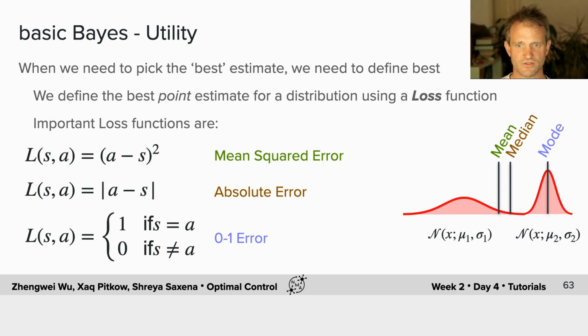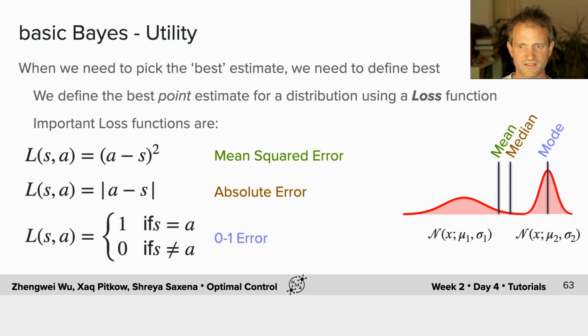Let's consider another loss function, absolute error, simply the absolute value of the difference between our guess and the true state. Again, for a probability distribution, this absolute error loss function has the property of returning to us the median.